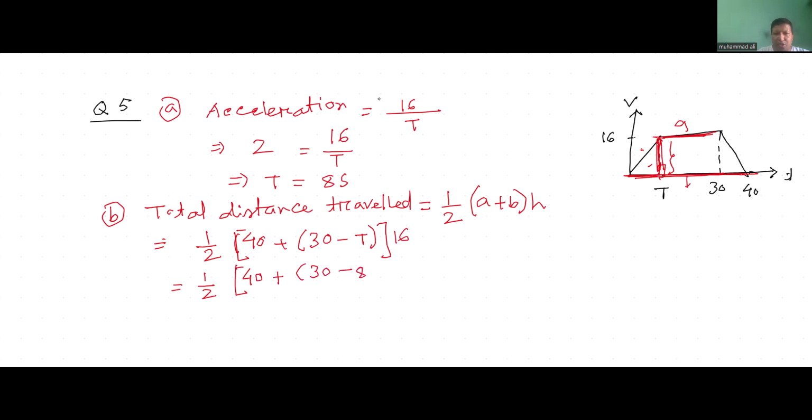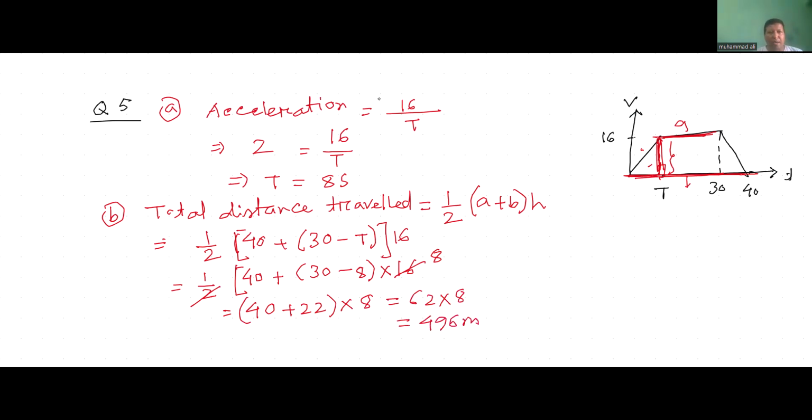So these two, the half and 16, cancel. So 40 plus 22, multiplied by 8. So this is 62 multiplied by 8. So we get 496 meters. So total distance traveled is 496 meters.